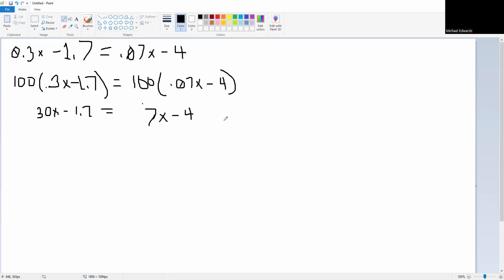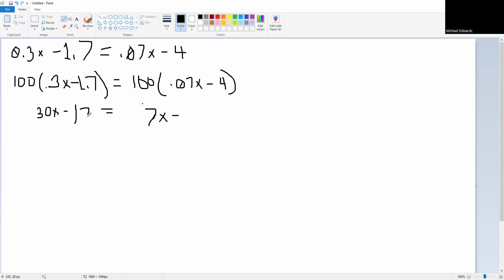And then solving this is pretty straightforward, just like our other ones. We just move our, well, I may have made a slight mistake here. It's interesting, because I'm thinking forward to doing it without having to move this 100 in front of it, because now you get the situation where you have these large numbers.